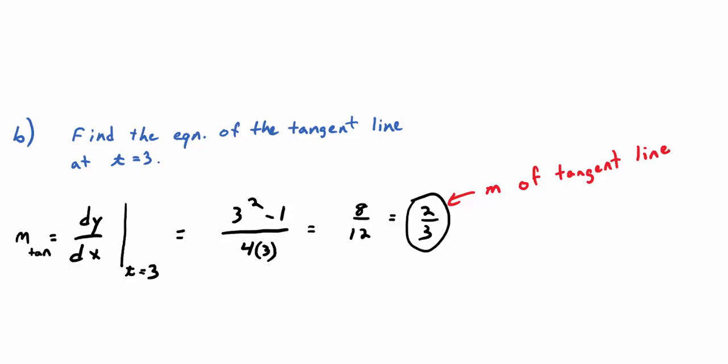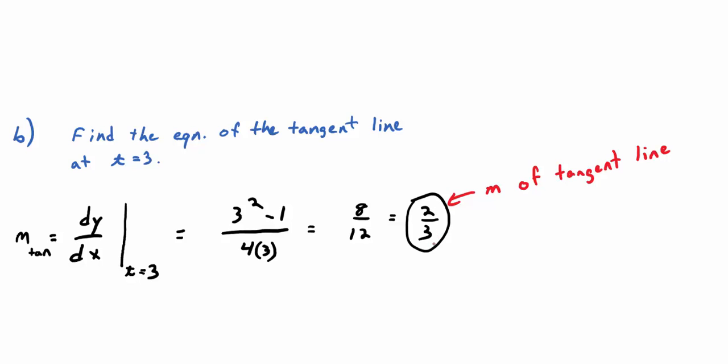Okay. In order to find the equation of a line, the tangent line is a line, you need two things. What two things do you need? One of them is slope, right? And the other is, I think you said it, Sarah, a point.